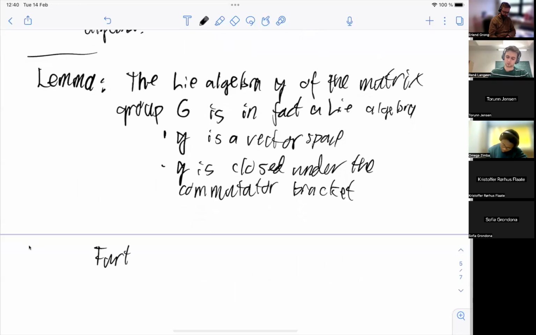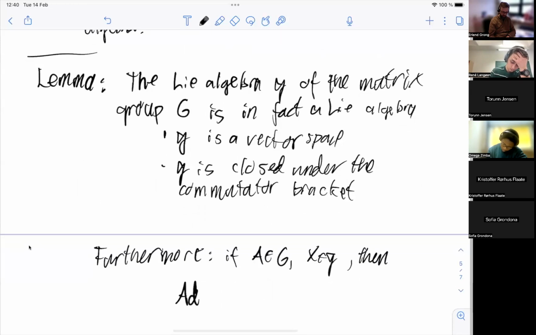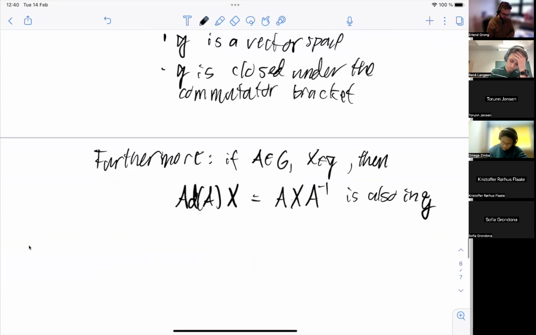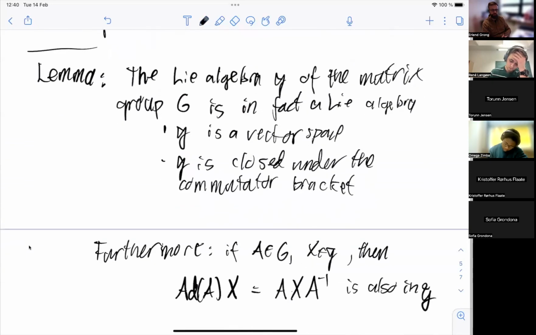And then furthermore, if A is in G and X is in the Lie algebra, then what we will call Ad A applied to X, which is A times X times A inverse, will also be in the Lie algebra. So we have this property. It will actually be a Lie algebra, and it will be closed under conjugation by elements in G.